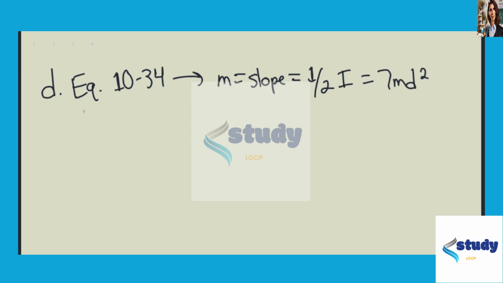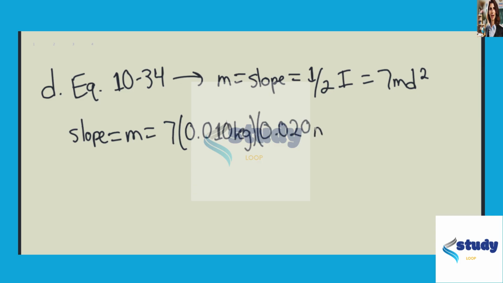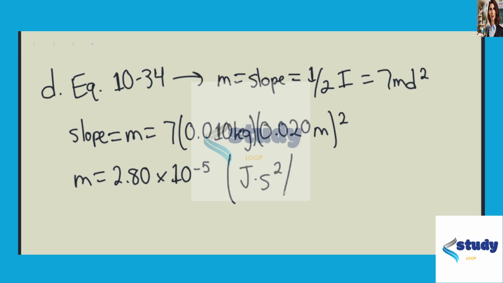So essentially, the slope, we can denote this as m, will be equal to 7 times 0.010 kilograms multiplied by (0.020 meters) squared. This is equaling 2.80 times 10 to the -5th, and the units here would be joules seconds squared per radians squared.